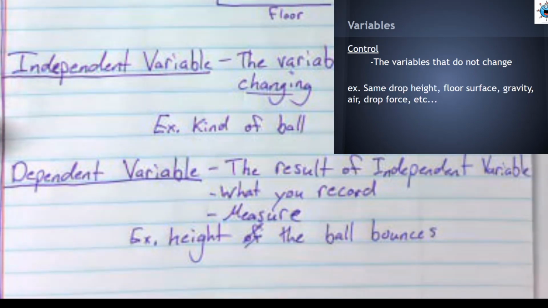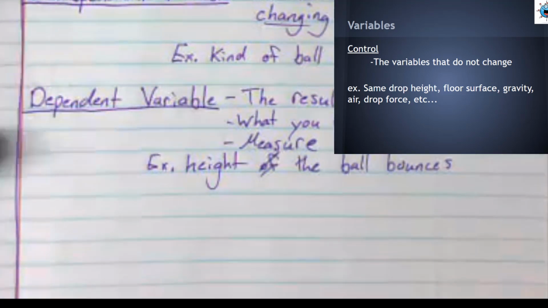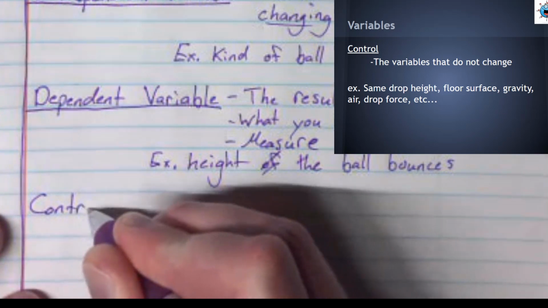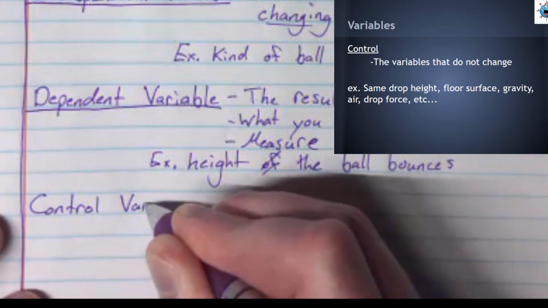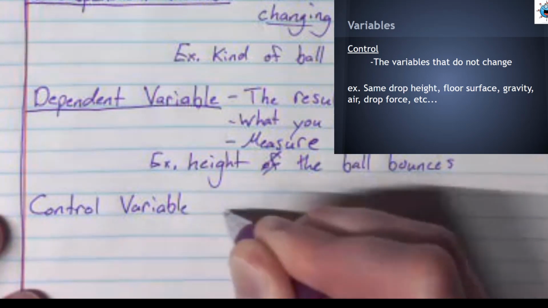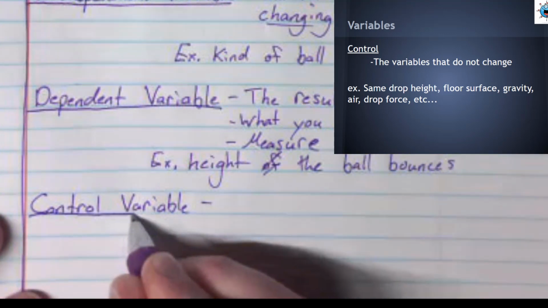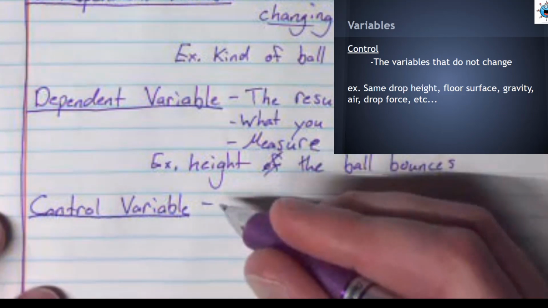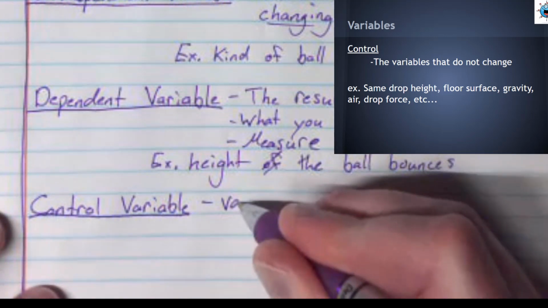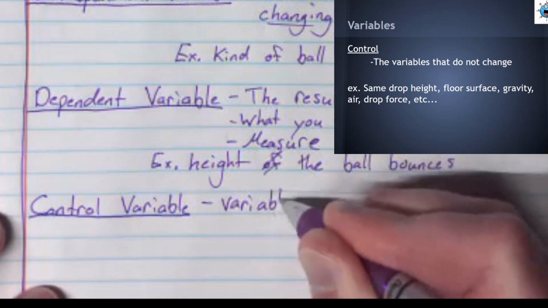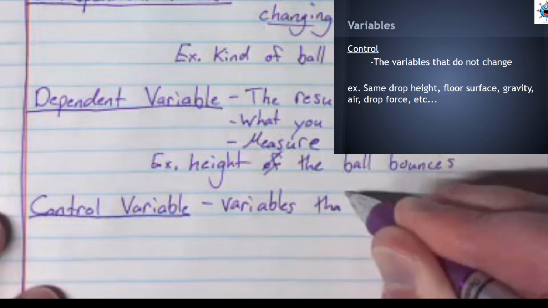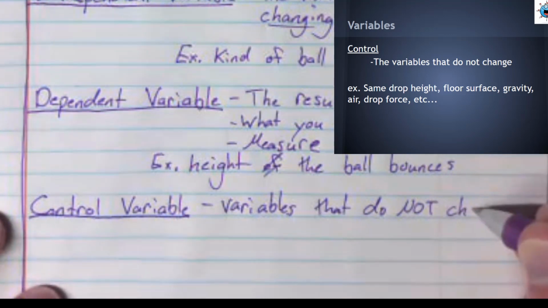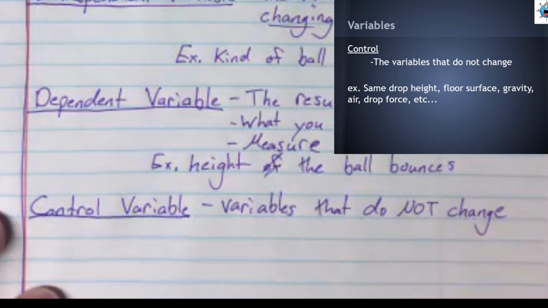Next is our control variable. So control variable is like the floor. It's the things that don't change. So variables that do not change.